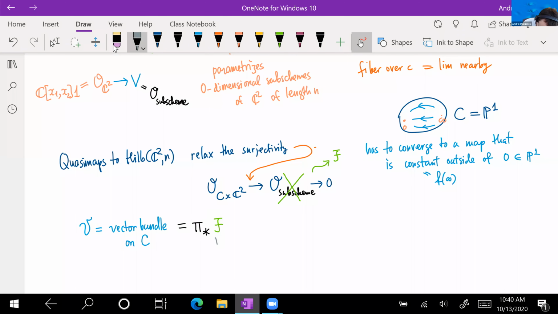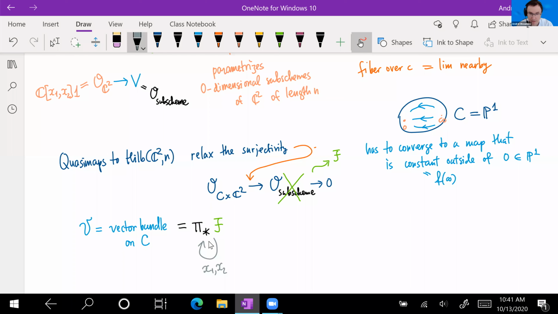So here I have my operators, multiplication by x1 and x2. They act here. So these are the quiver maps, and they go from V to itself.